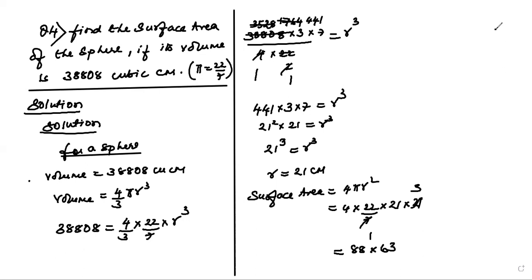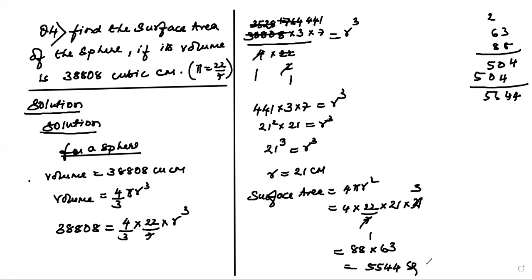When you multiply 63 by 88, very easy to multiply. 8 3s are 24. 8 6s are 48, 50. So 504, and again, since you are multiplying with 8 only, 504, 4455. Answer is 5,544 square centimeters. So surface area. I hope everybody got this sum. Pretty simple sum.